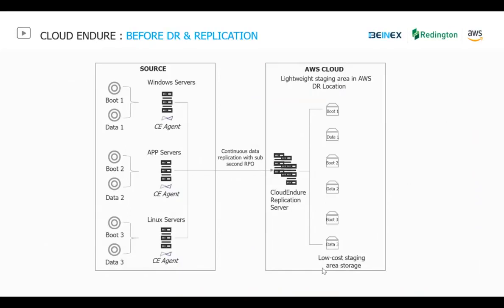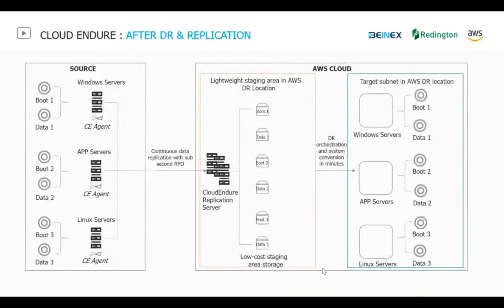How it will be created, the schemas and everything, will be defined in Cloud Endure, right? This staging area allows us to have a fresh copy of our data stored in AWS. The agent will facilitate that through live replication, and our snapshots and our boot volume will be stored in the AWS Cloud, which I'll show you in the demo. Right. So this is before replication.